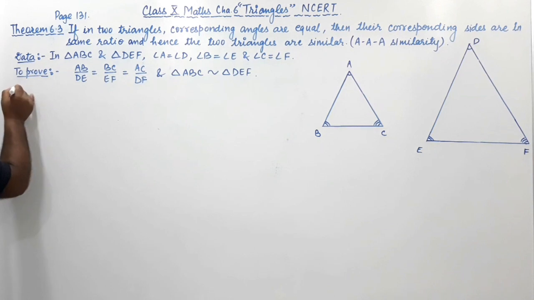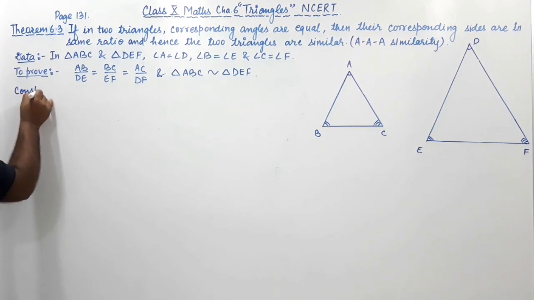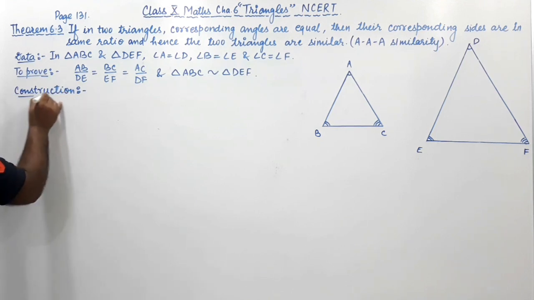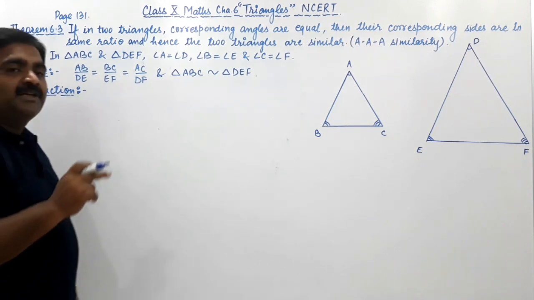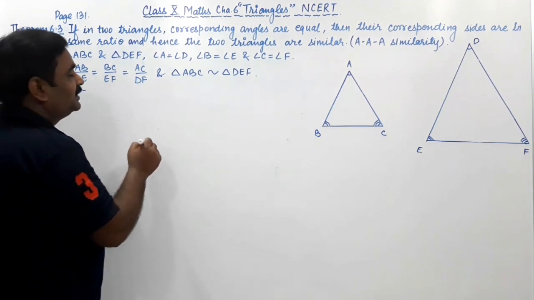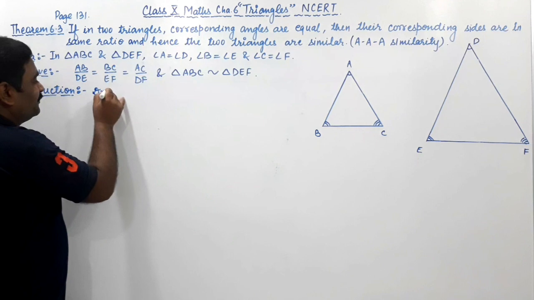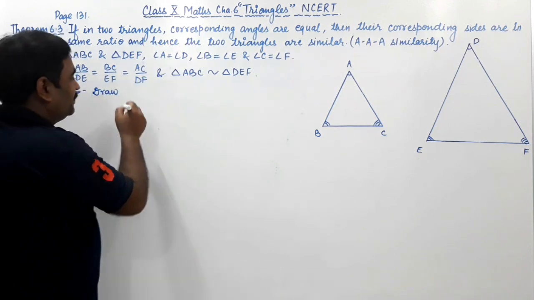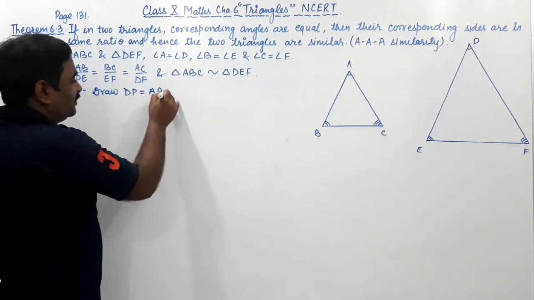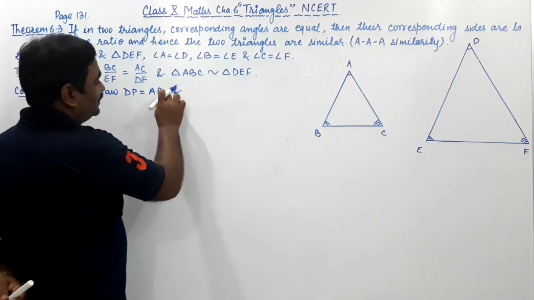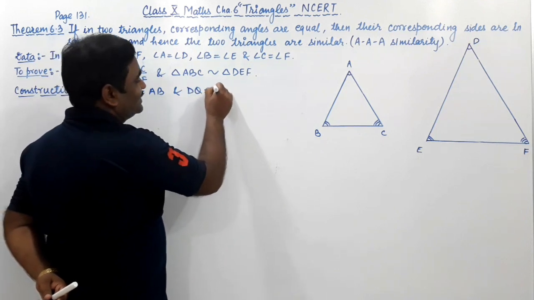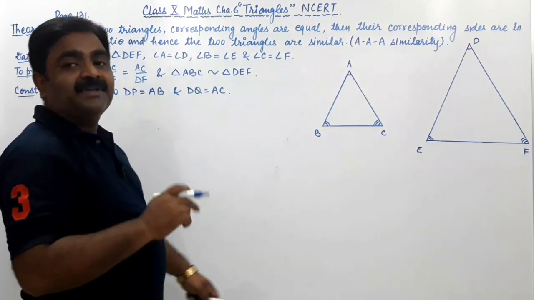The thing which we are going to construct we need to write down. In construction we will write the things that we are going to draw. What? Take a point P, draw DP equal to AB and DQ equal to AC.